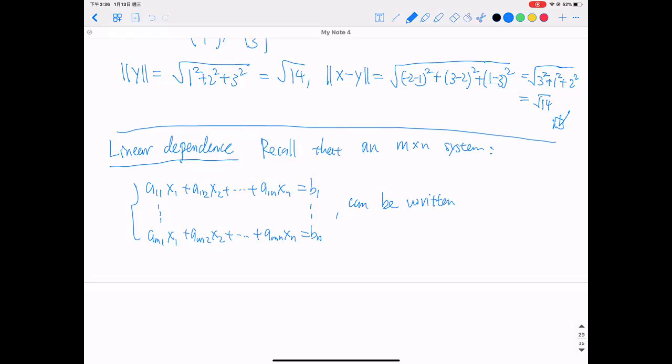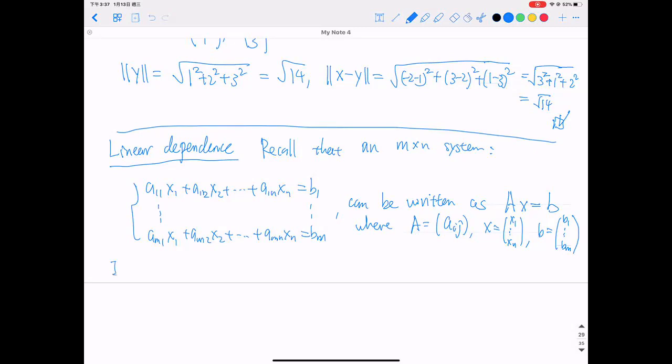And we've used matrix multiplication to write the system as Ax equals b, where A is the coefficient matrix aij, x is the column vector x1 through xn, b is the column vector b1 through bm.